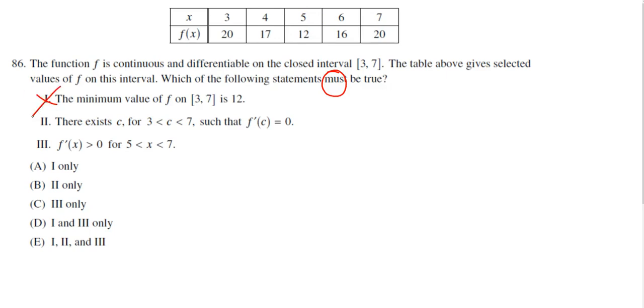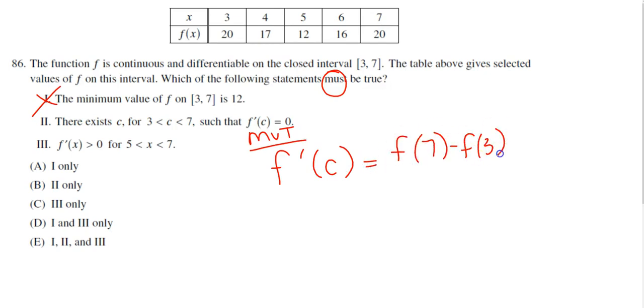Roman numeral 2, there exists a c for c between 3 and 7 such that f prime of c is 0. Well, let's try that. F prime, this is MVT, right? Let's write that, MVT. F prime of c will be f of b minus f of a, and I'm allowed to use any values given between 3 and 7, but we'll start with that and test this.